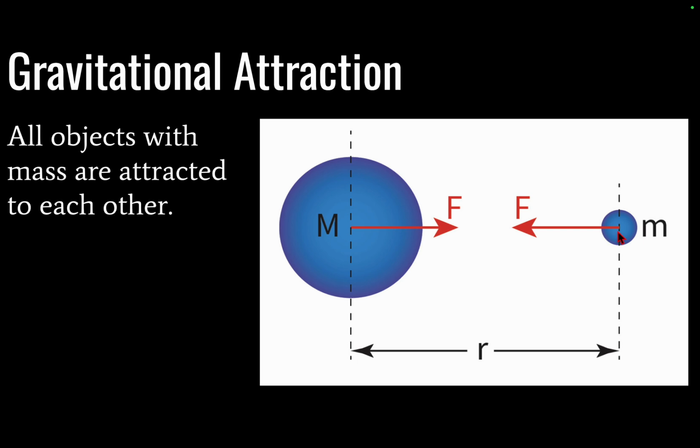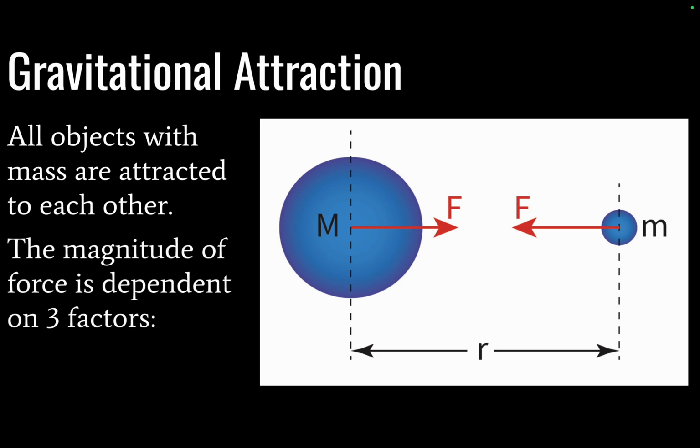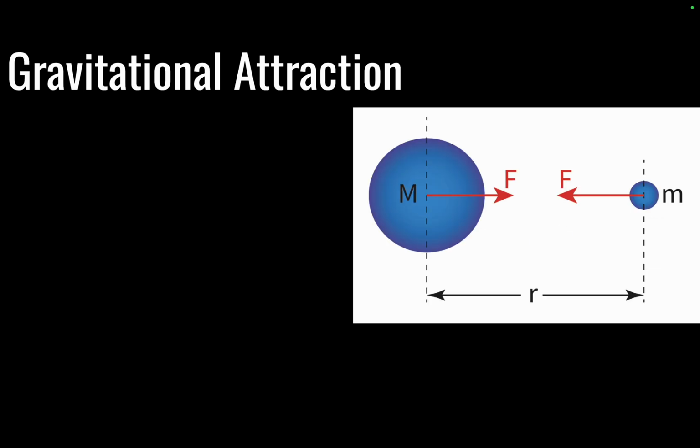Okay, so all objects with masses are attracted to each other. You are gravitationally attracted to all the objects you're surrounded by, and in theory, all of the objects in the universe. The magnitude of this force of attraction is dependent on three factors.